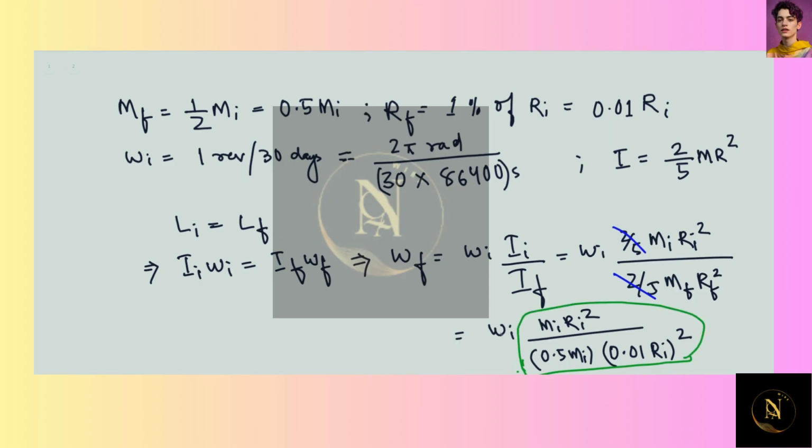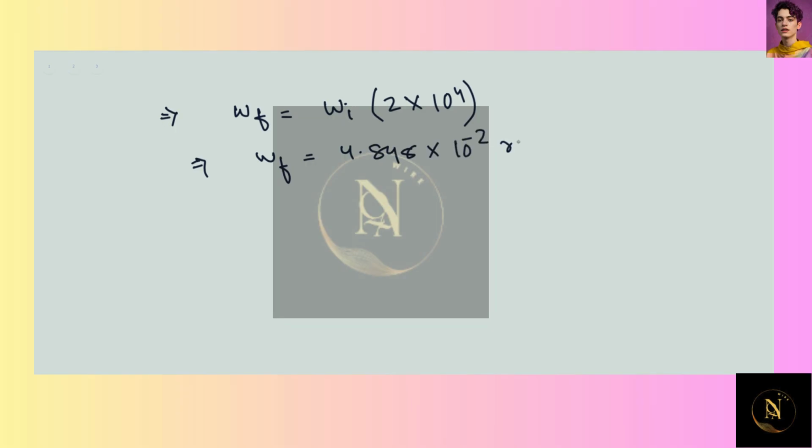Now we will use omega I, the value that we found here, in this equation, and we get omega f to be equal to 4.848 times 10 to the power minus 2 radian per second, and this is the value of the final angular velocity.